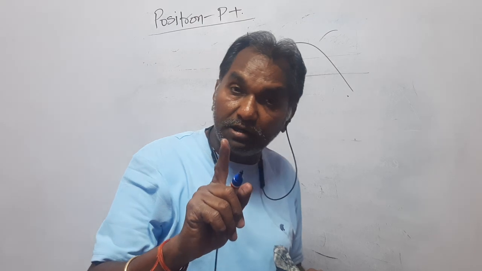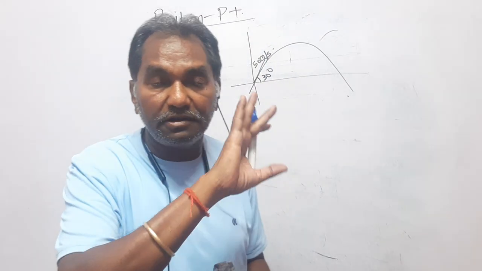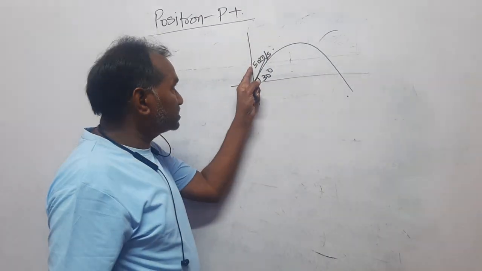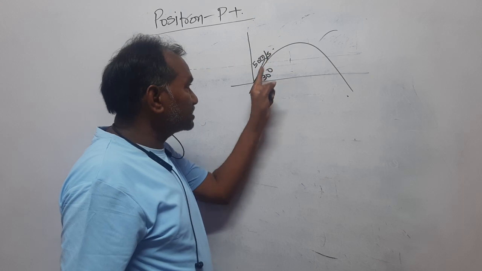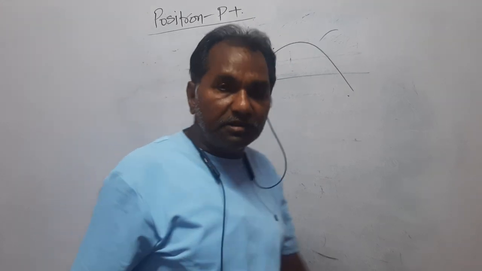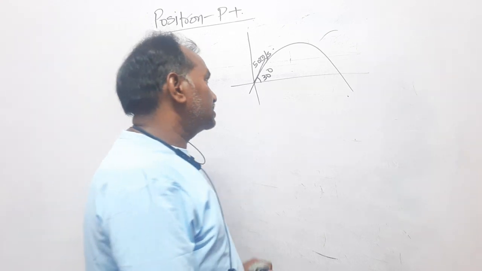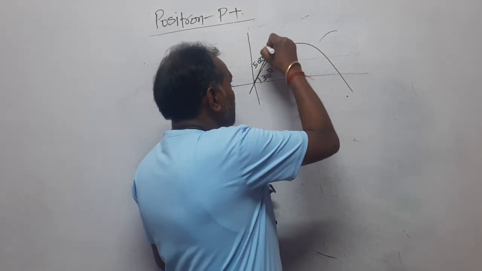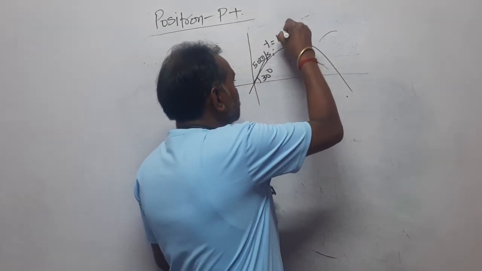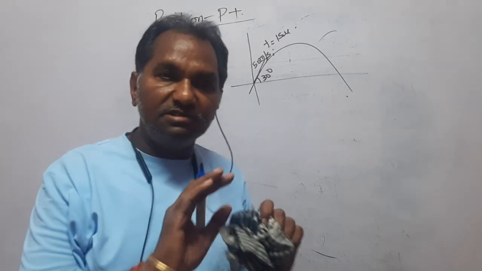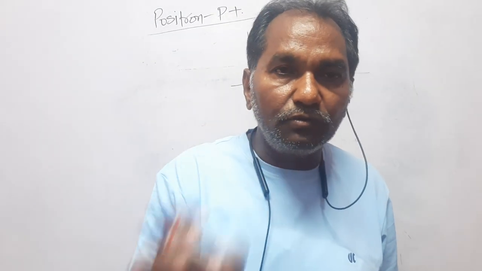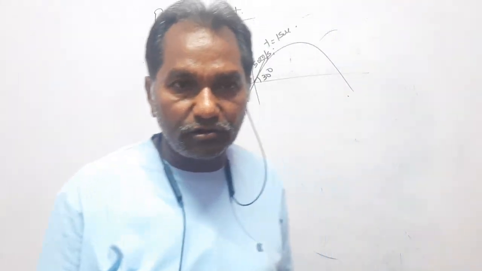Initial velocity, not initial horizontal or vertical velocity. The body is projected with velocity 50 meter per second at an angle 30 degree from the horizontal, right? The question is asking, at t equal to 1 second, what will be the velocity? Very simple.